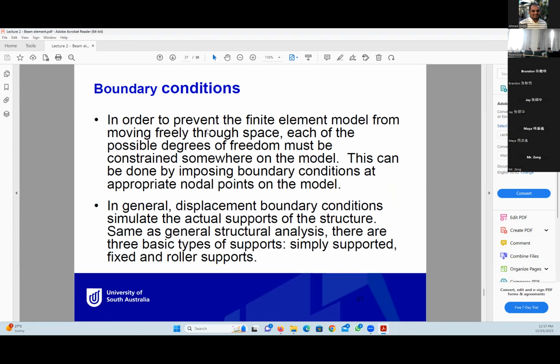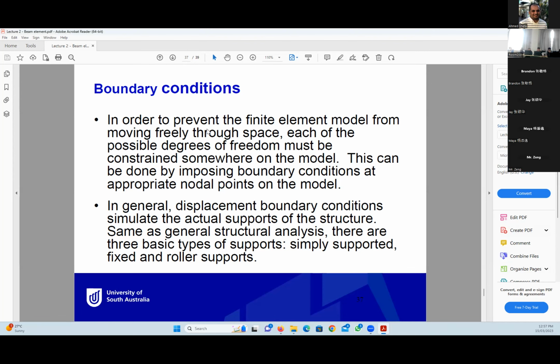Each of the possible degrees of freedom must be constrained somewhere on the model. As you know, any structure needs to be restrained from movement at least in one direction. Otherwise, if you don't add any boundary condition or any support, the structure will be moving in space, like flying. We are dealing with static structures for this part of the course.